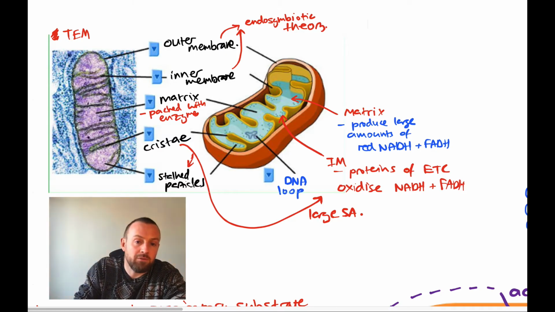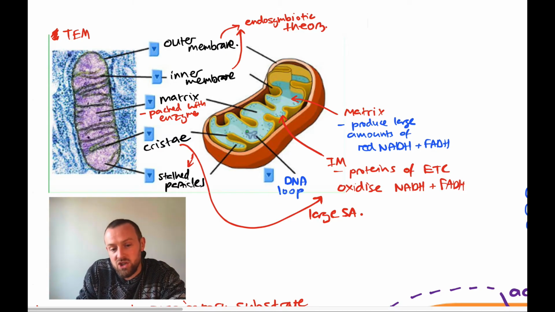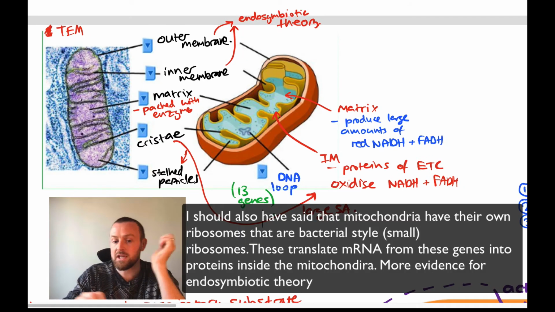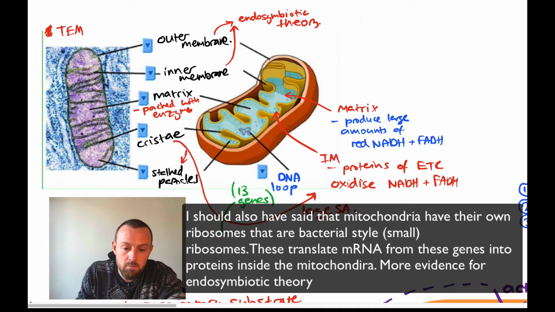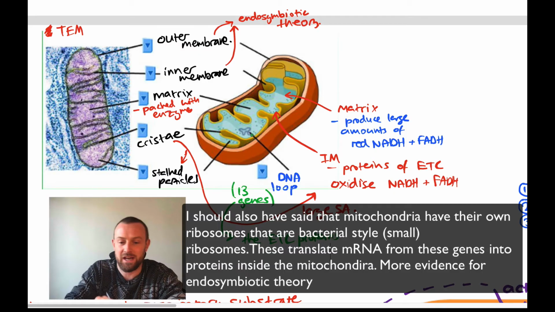Now this is going beyond A-level, but if you want, there are some genes on that loop of DNA. There's actually only about 13 genes on that mitochondrial DNA, which encodes 13 proteins. Most of them are the electron transport chain proteins. Now those proteins are actually quite large and complicated, but each one has at least one gene coded for on the mitochondrial DNA.